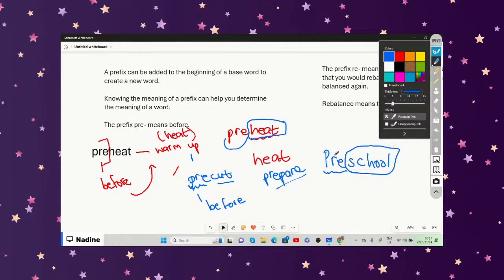So that is preschool. There are of course a few more words, but this is just a few examples of the prefix which starts with pre. And we say that the prefix pre means before.